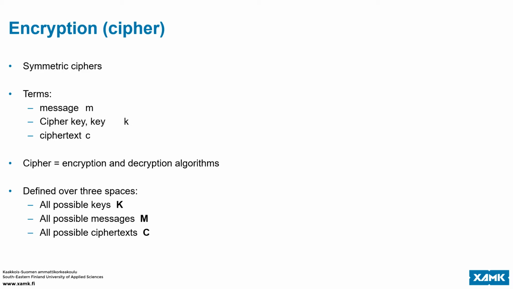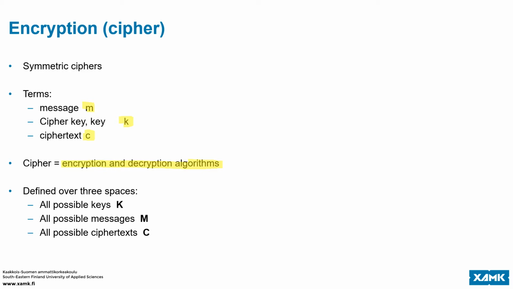We have a couple of terms here. First of all, we will talk about messages, which we're going to denote with a lowercase m. We have keys or cipher keys, which we will denote with a lowercase k. And we have cipher texts denoted with a lowercase c. And with a cipher, what I specifically mean is a pair of algorithms that deal with encrypting and decrypting data.